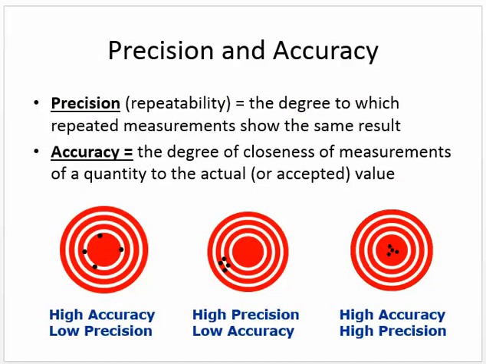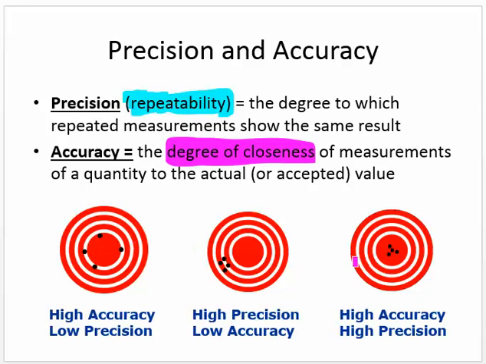Hey, guess what? There's our precision and accuracy. Hopefully some of you guys are starting to read. Precision is repeatability. Accuracy is the degree of closeness. Down here at the bottom, this one is very accurate because it's all very close.